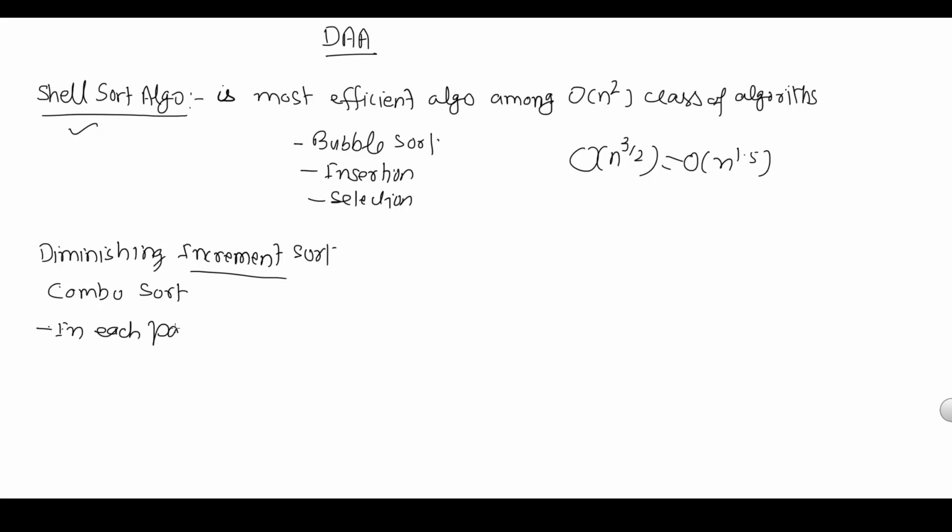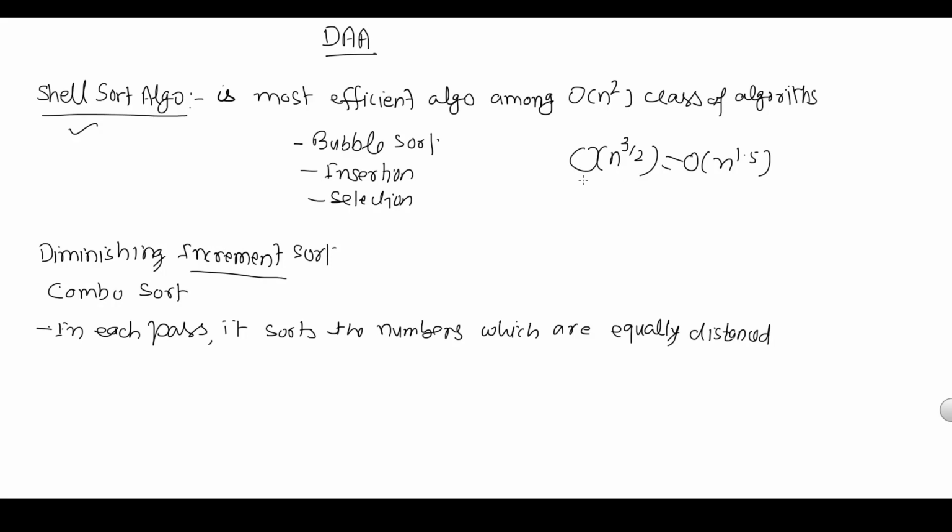In each pass, it sorts the numbers which are equally distanced, that is, it compares numbers which are d distance apart.